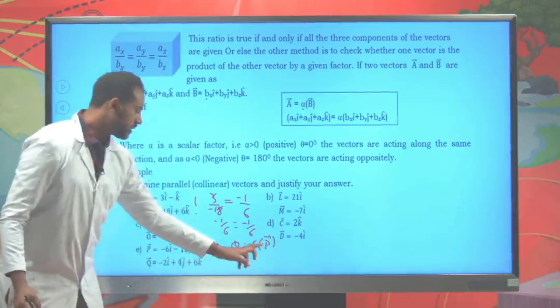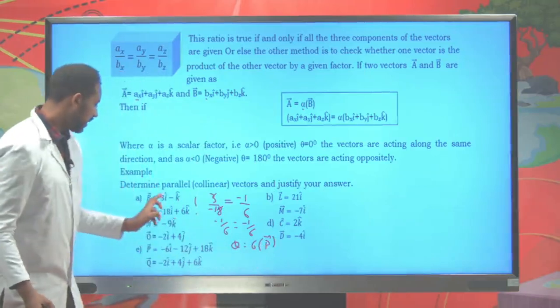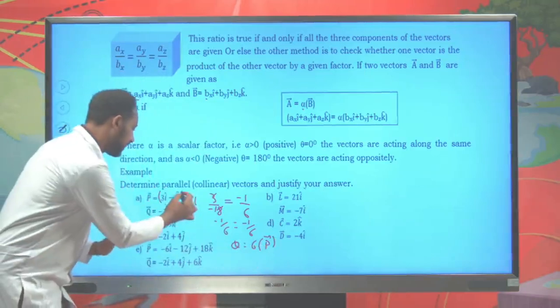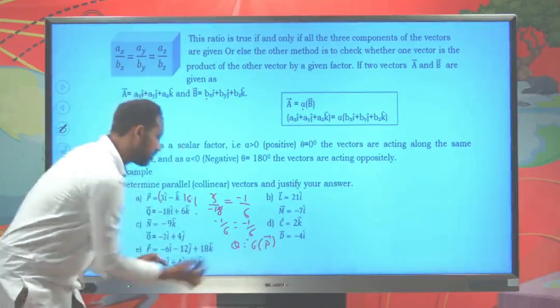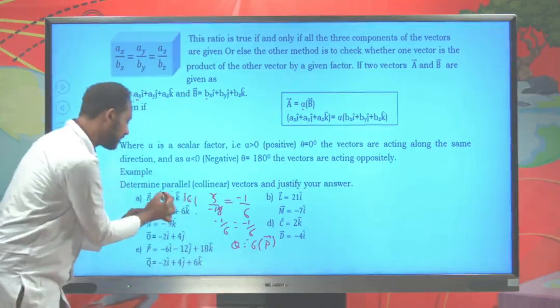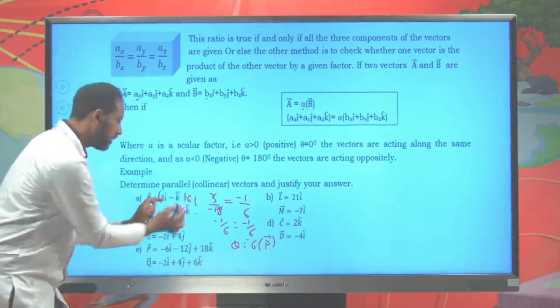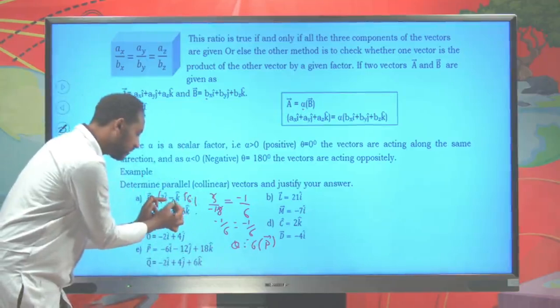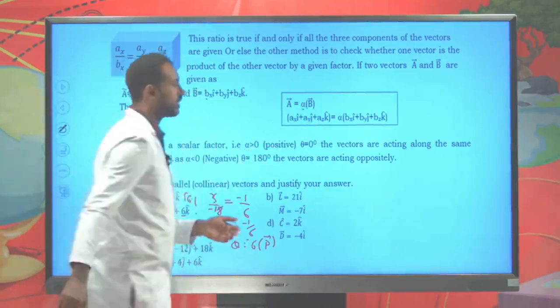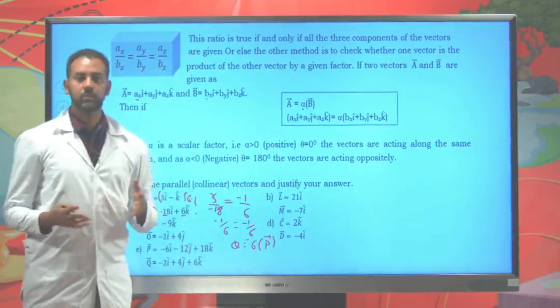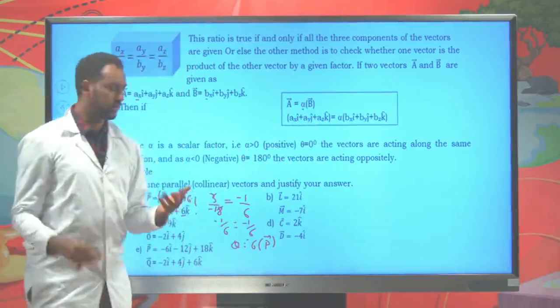When you multiply vector p by 6, 6 times 3 gives us 18. If you multiply by negative 6, negative 6 times 3 gives us negative 18. Negative 6 times negative 1 gives us positive 6. It's possible to say that alpha times b can tell us whether the two vectors are parallel or not.